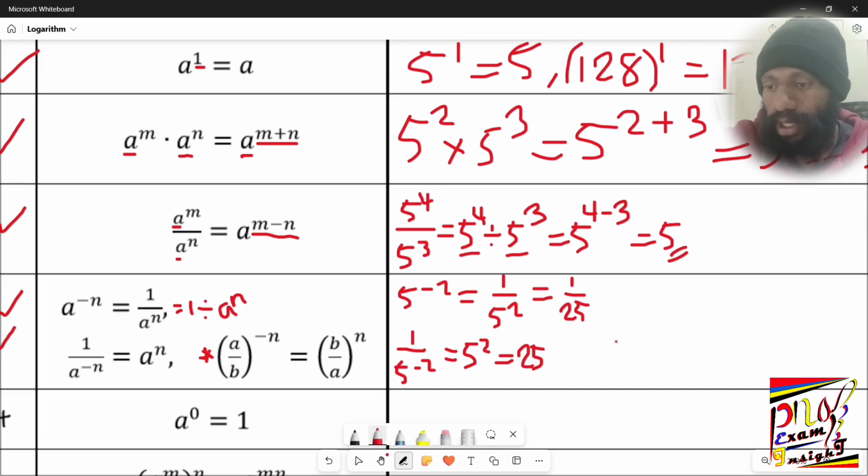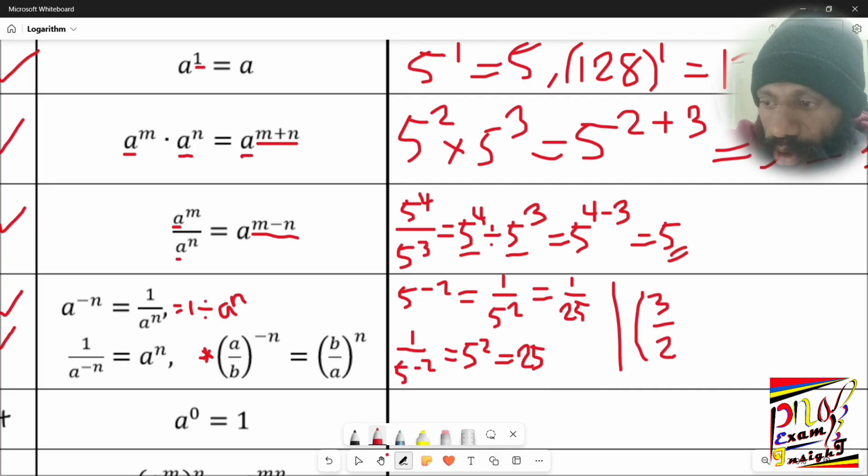Let's say for example we have 3 over 2, all inside the brackets, raised to a common power, negative 2. To express that as a positive index and then solve, we take the inverse, so we invert the fraction.